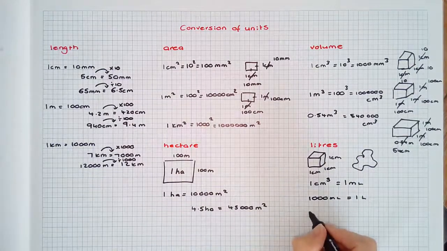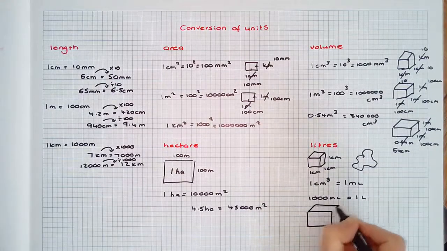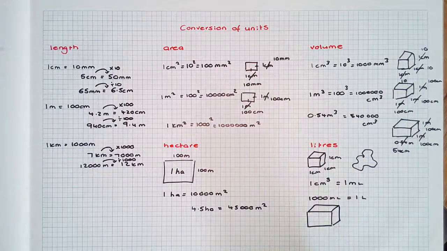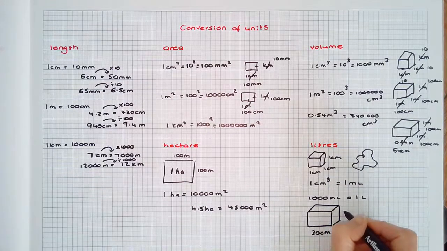Imagine you had a fish tank of rectangular prism of dimensions, say, 30 centimetres by 15 centimetres by 20 centimetres.